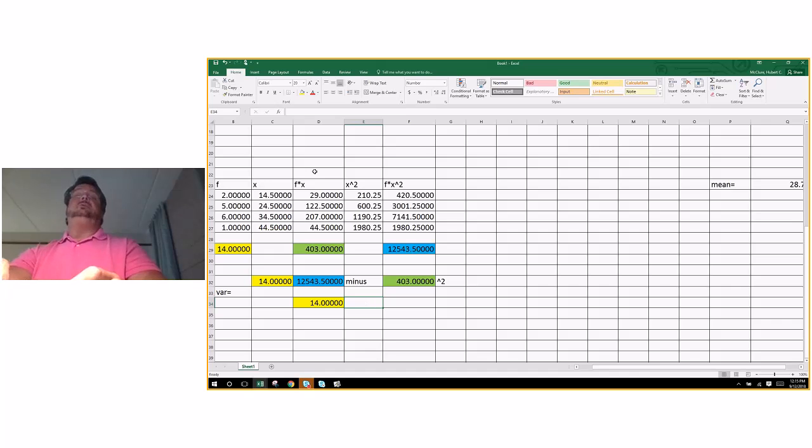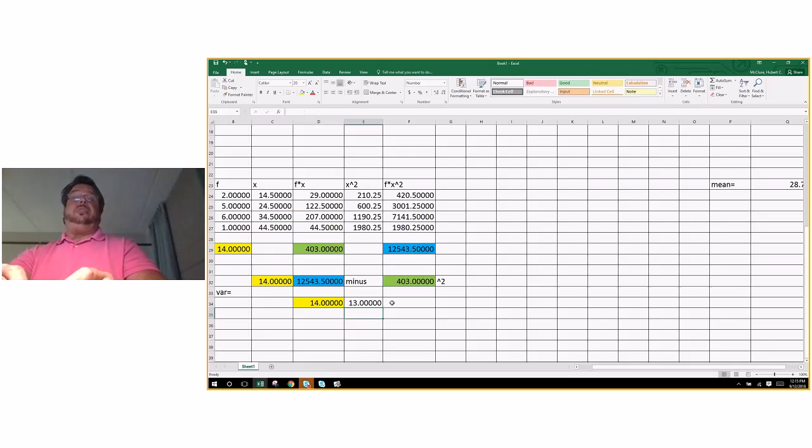N minus 1. So what do y'all think n minus 1 is? I have to ask that because some students have no clue. What is n minus 1? What's n? 14. What's n minus 1? 13. There you go. So I'm just going to put 13 right there.